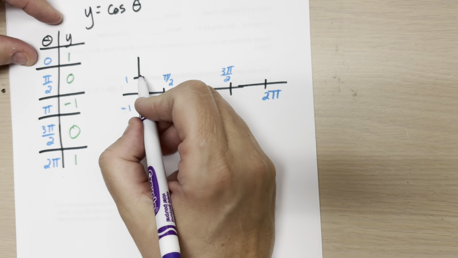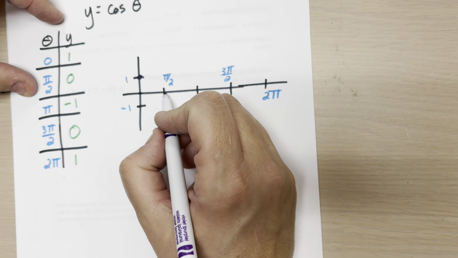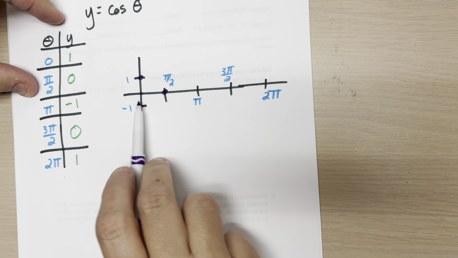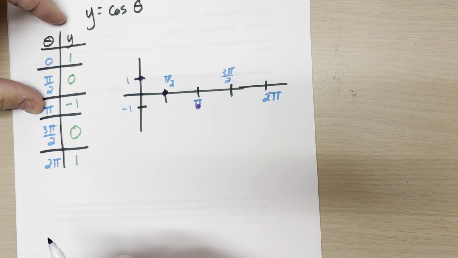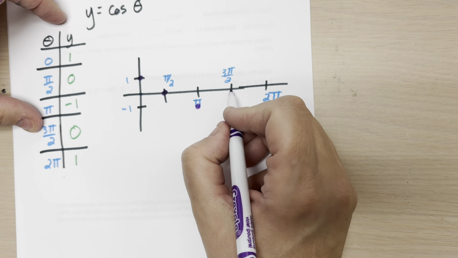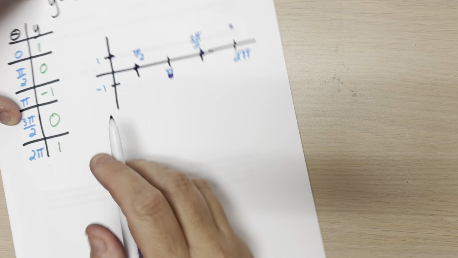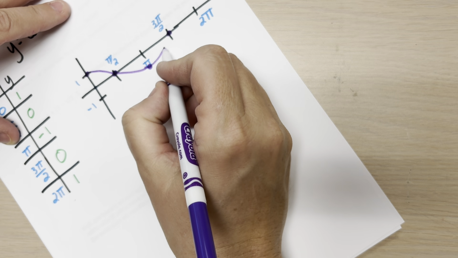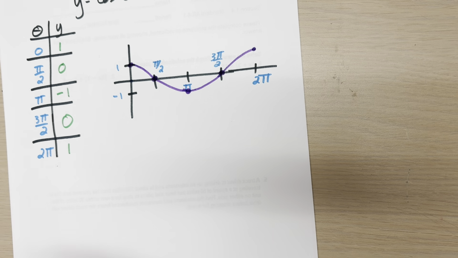So this one's starting up at 0, 1. At pi over 2, I'm over here on the x-axis. Pi, -1 is a point. 3 pi over 2, 0, and then finally 2 pi. So if I try to draw my curve, it looks something like that.